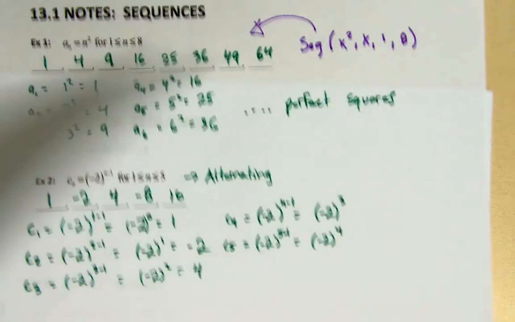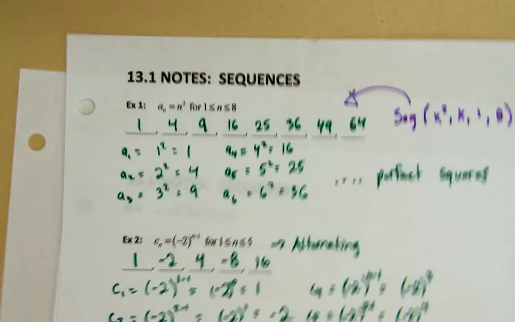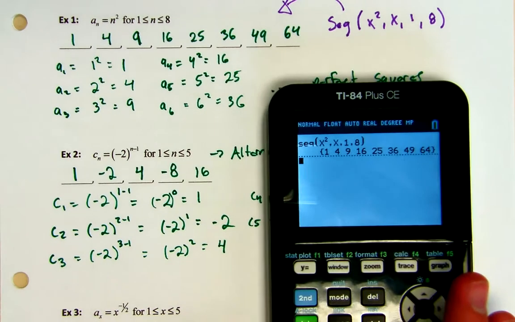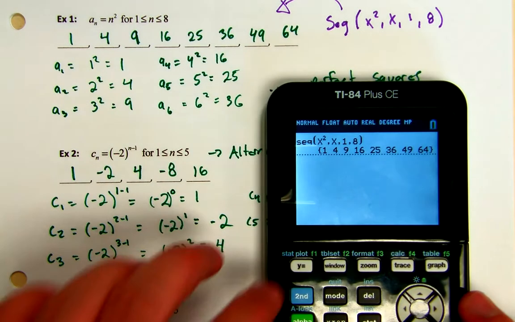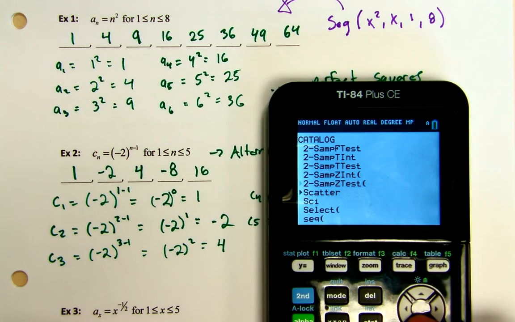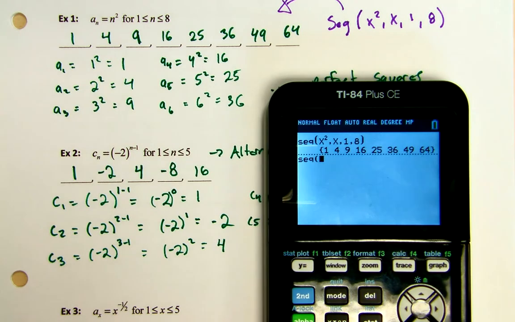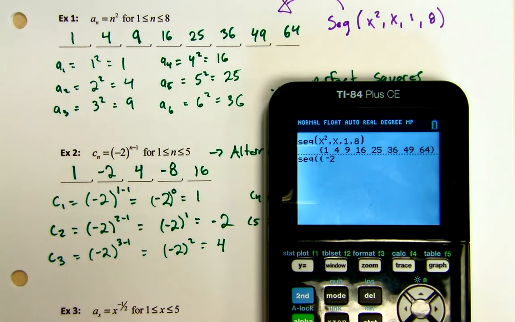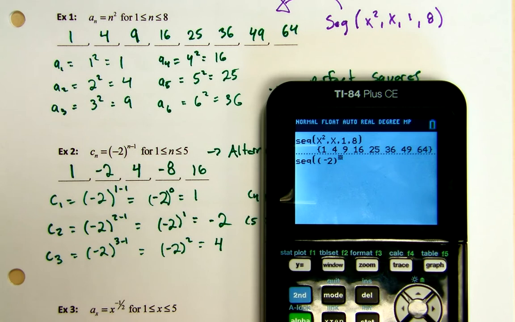So let's do the same thing, make sure it works still for C2. So I'm going to go to second catalog. I'm going to hit the LN button to get down to sequence. And now my formula is negative 2, so negative 2 in parentheses to the x minus 1, since I don't have n.